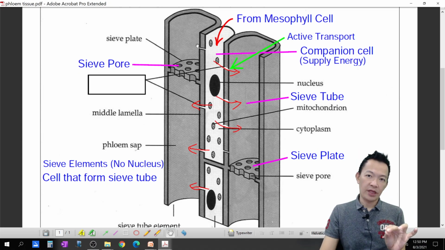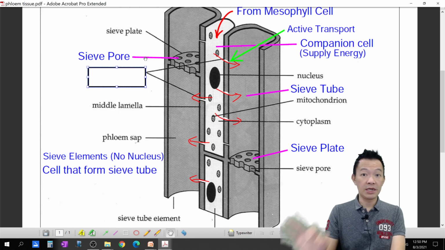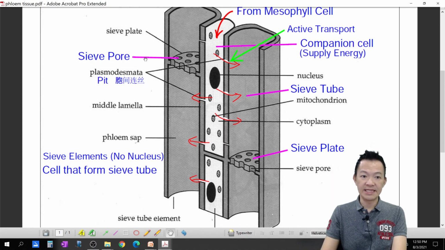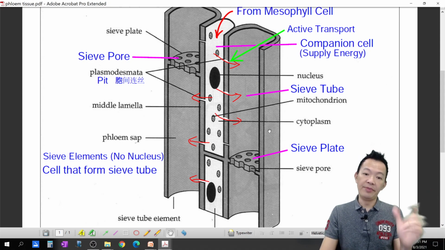Between the sieve tube and the companion cell there are also plasmodesmata, which let substances pass back and forth. So this is our phloem tissue.